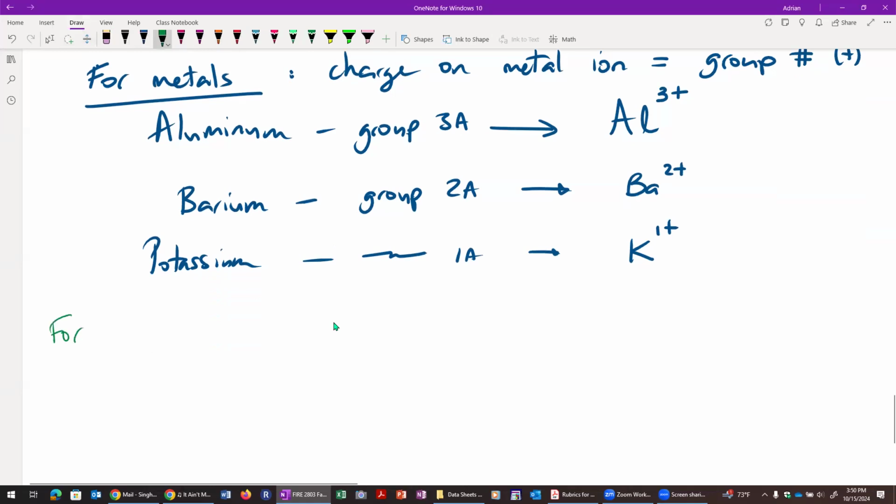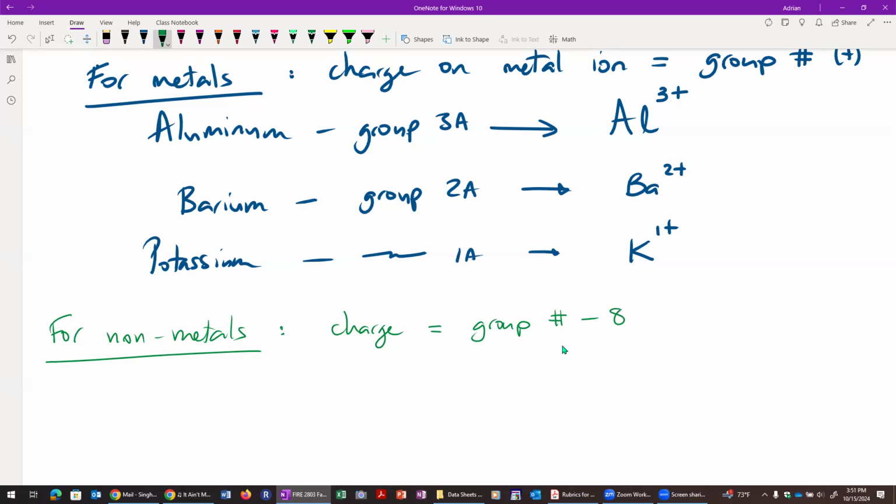For non-metals, there's a similar thing that we can do. There's a little bit of math involved, but it's not super complicated. To determine the charge, the charge is simply equal to the group number, and then we're going to subtract 8 from it. 8 there being the octet relevance.